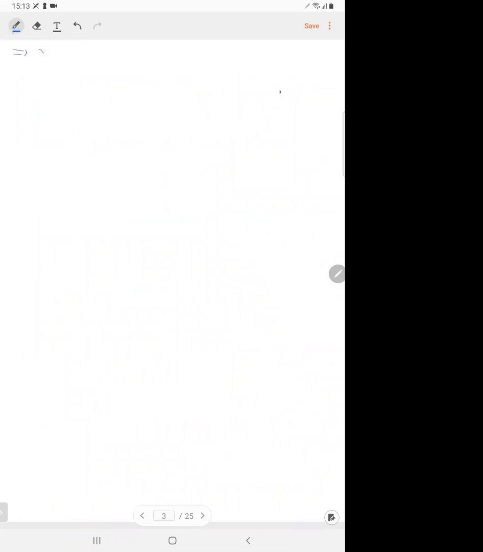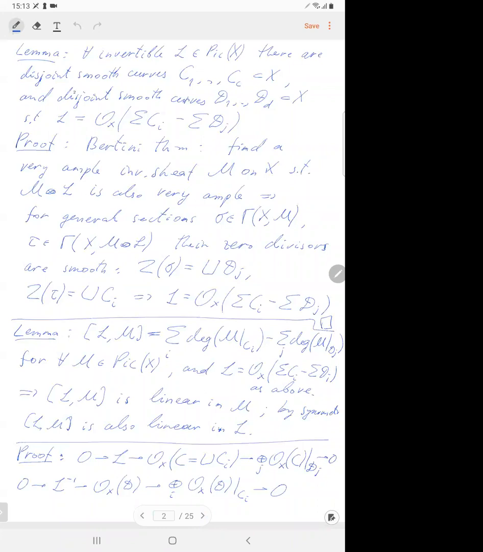Can I ask about the previous lemma? Okay, let's go back. Why can we find Ci and Di such that this OX is the L we started with? We started with L fixed. Yes.